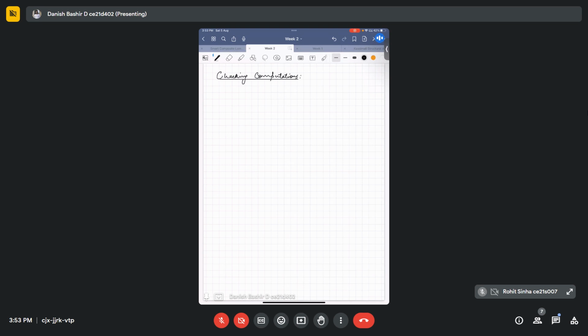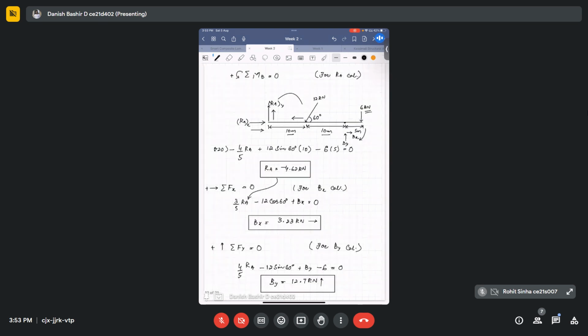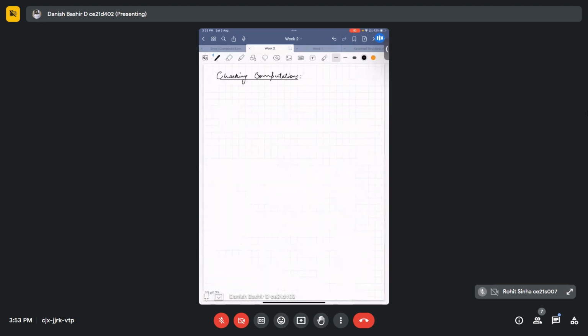We can take any point and see whether the moment equilibrium equation is being satisfied or not. Let's take point C. This is point C. We will see whether the summation of all the moments at this point C is equal to 0 or not, because we have all the support reactions and all the forces.